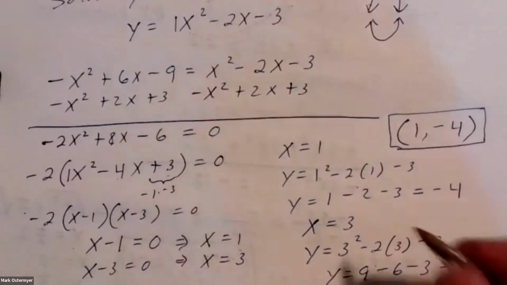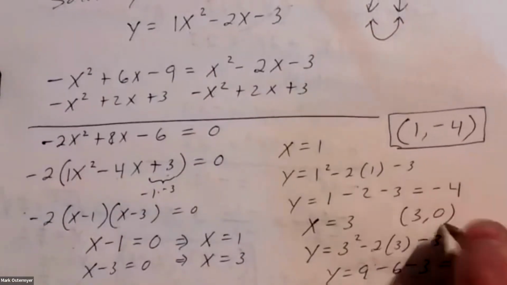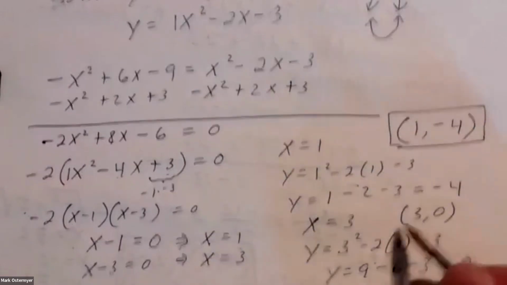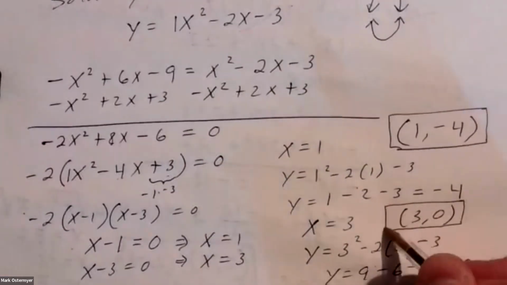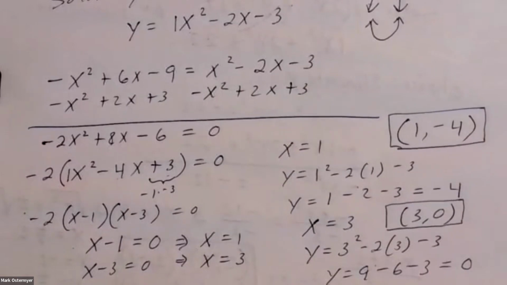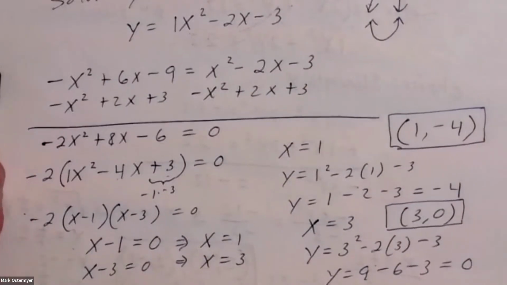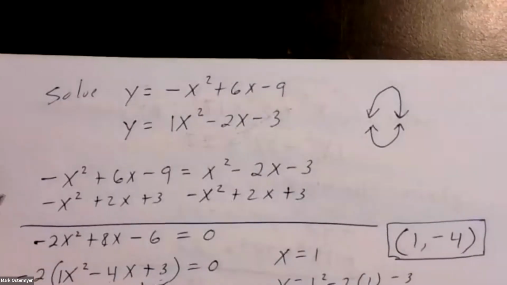Yeah. All right, so another ordered pair solution is (3, 0). These would be the only two ordered pair solutions to that system, and we solved it using the substitution method.